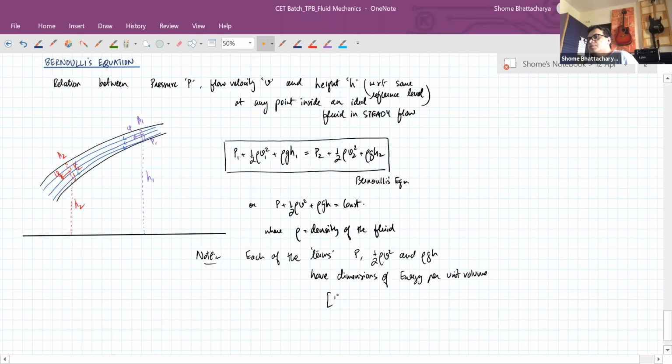If you look at the dimension of pressure, it is equal to the dimension of half rho v square, equal to the dimension of rho gh, equal to dimension of energy divided by dimension of volume. And you will see that is this much.